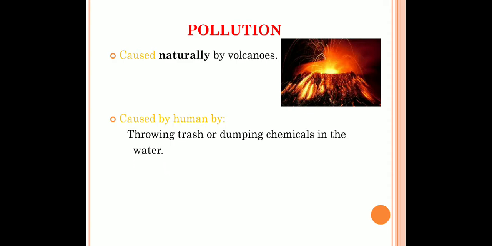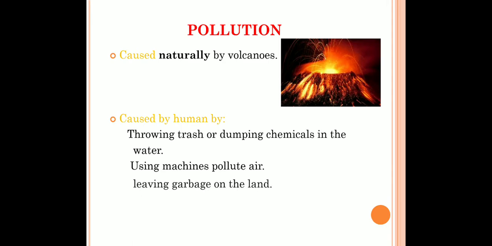Also, using machines that pollute the air and give out smoke, and leaving garbage on the land. All these can pollute the land and make the animals unable to find their shelter, food or water.